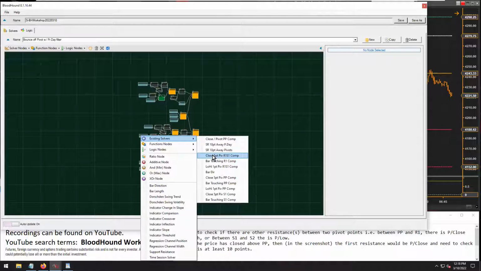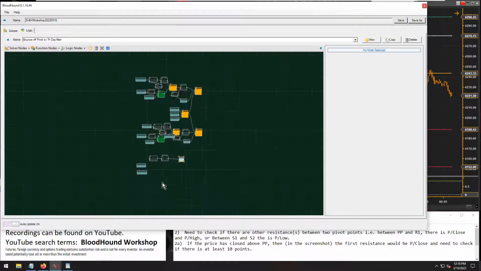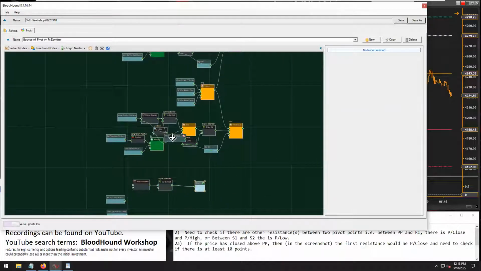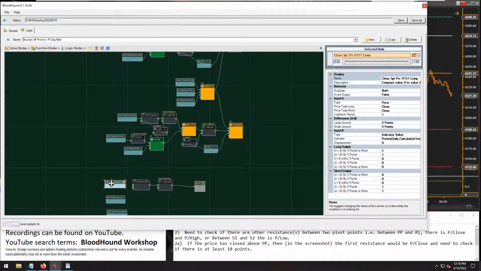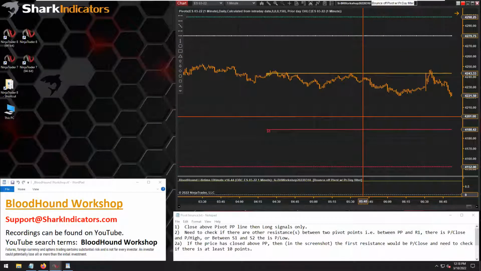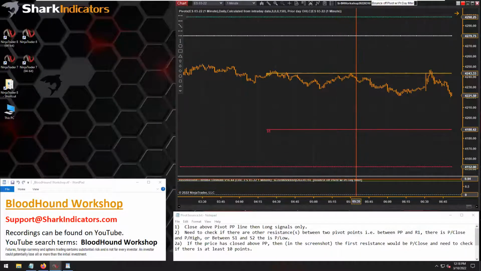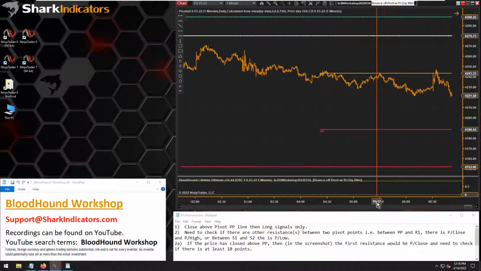There's the close, the close 5 points away from R1 or S1. So I'm going to drop that on the board. There it is. Connect that in. And now let's go back to the board. Okay, now the long output's gone. Okay, good.